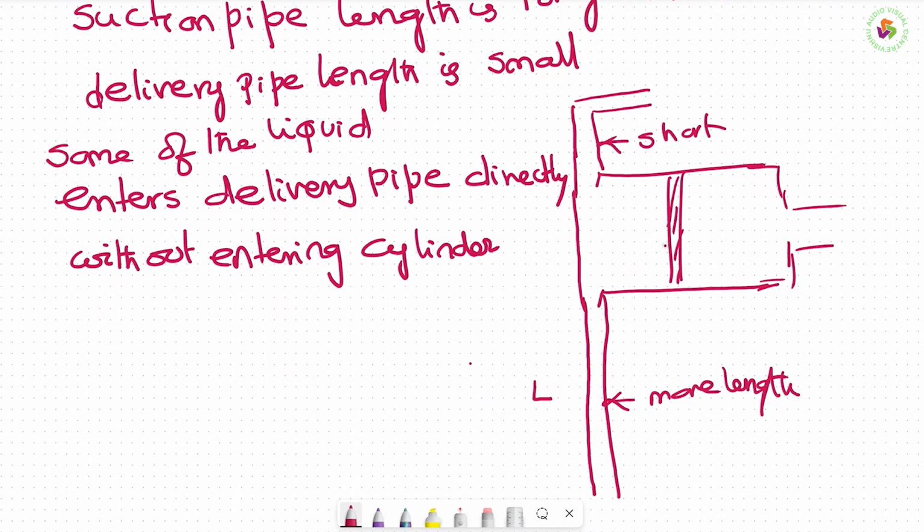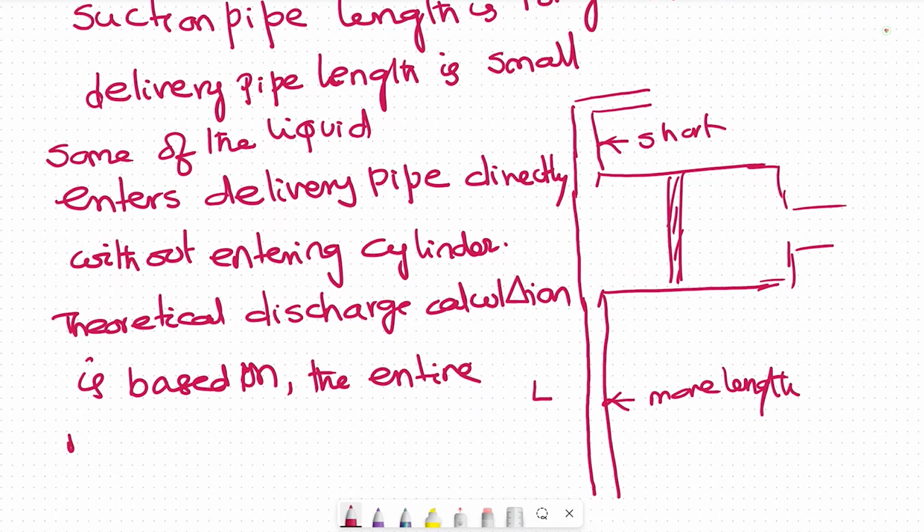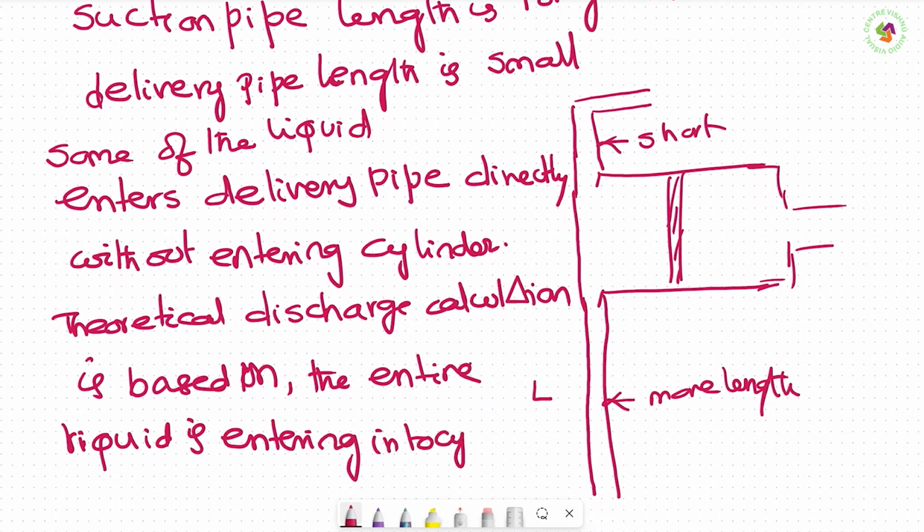But the theoretical discharge calculation is based on the entire liquid entering the cylinder.